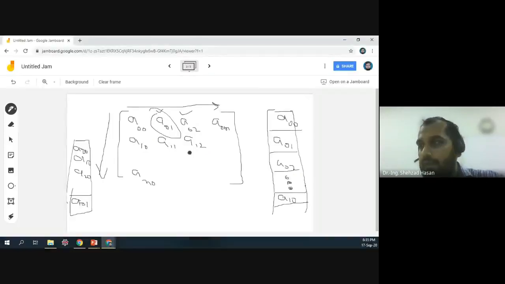If this is your J and this is your K, right? So K is going till M, and J is going till N. So this is a matrix where N and M can have different values. J is going till N, so this means there are going to be N number of rows, and K is going till M, so M number of columns.